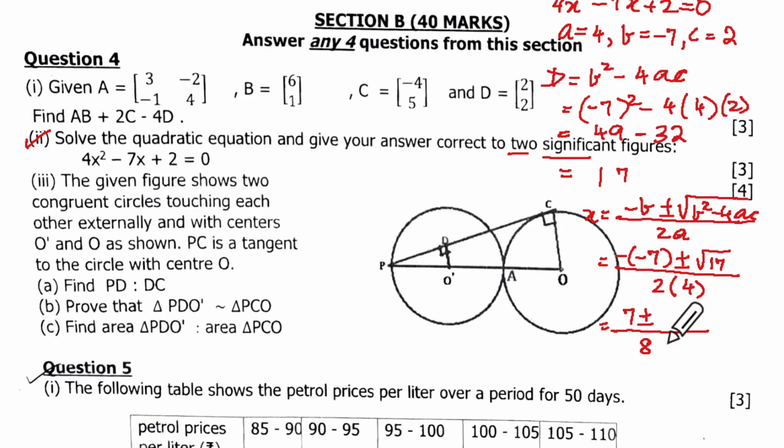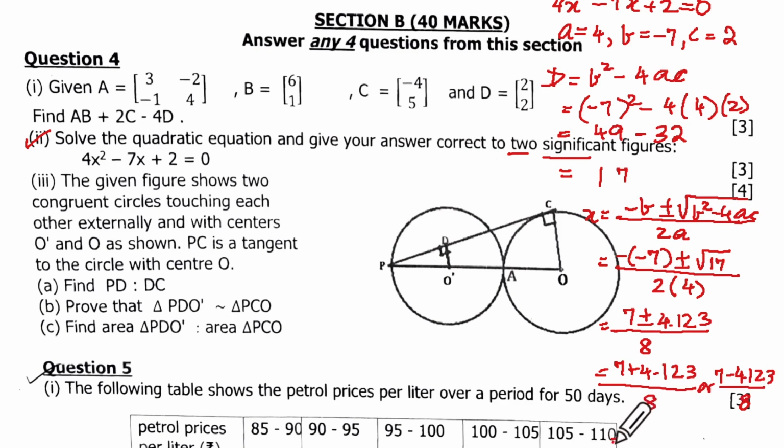Square root of 17. 4.121? No, 4.123, no? 4.123? Yes, ma'am. 4.123, correct? So that will give us 7 plus 4.123 upon 8, or 7 minus 4.123 upon 8.